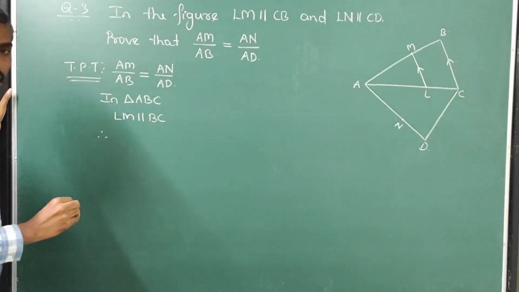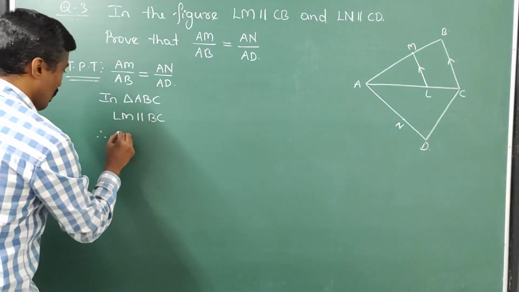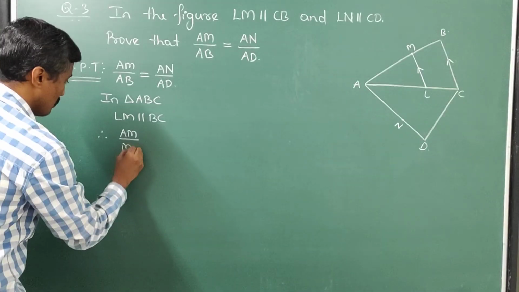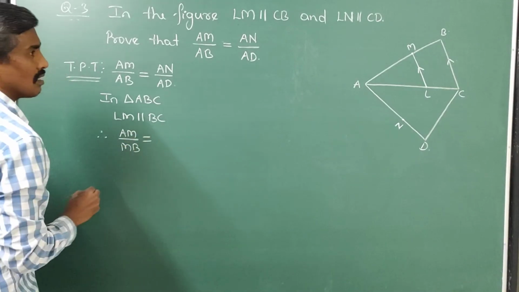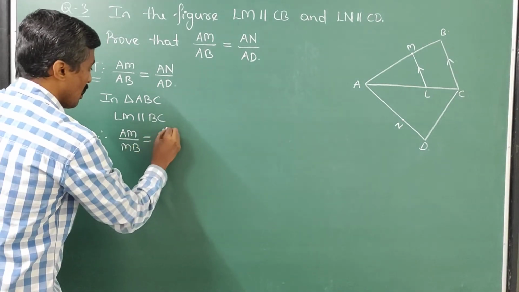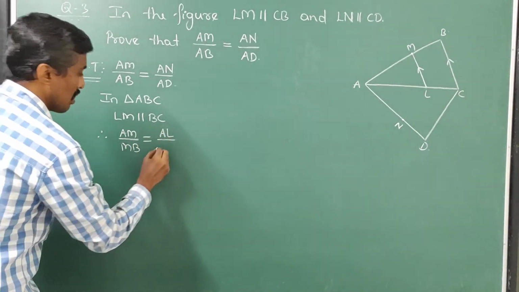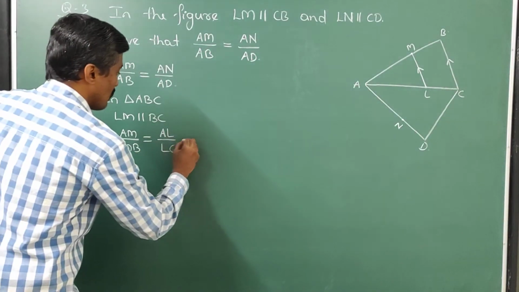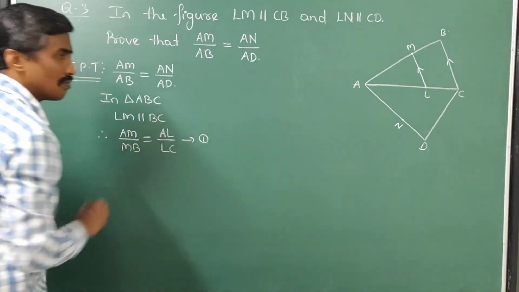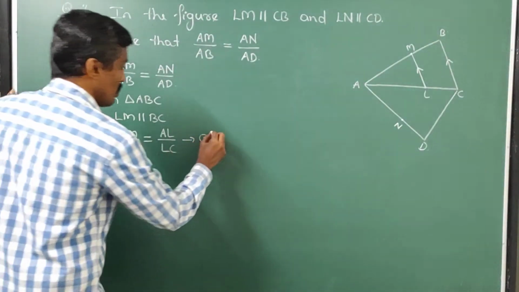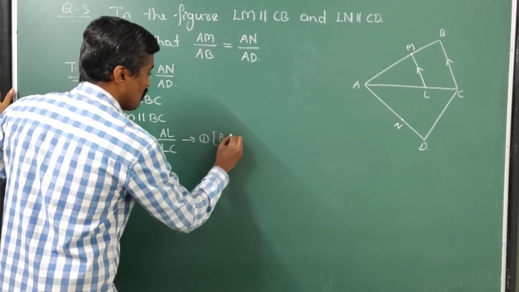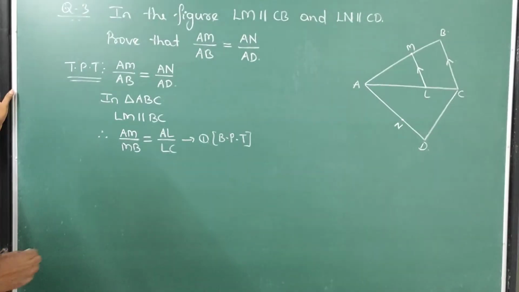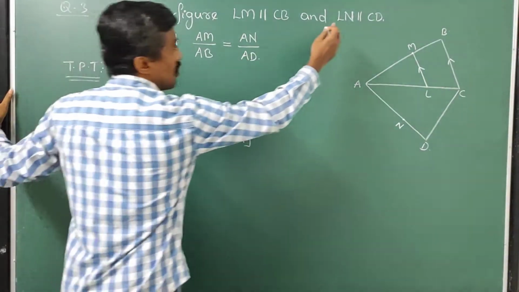Therefore, according to Thales theorem, AM divided by MB is equal to AL divided by LC. Let me take it as equation number 1, according to Thales theorem, also called the basic proportionality theorem.